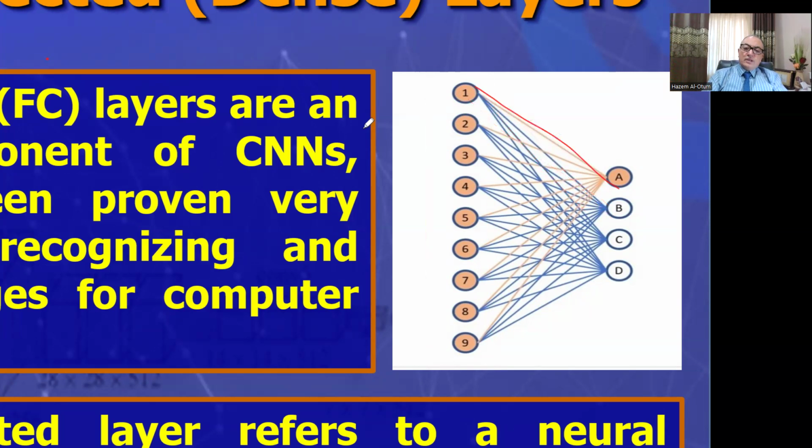As here, the output is connected to all inputs. So we call it a fully connected layer because every output is connected to all input layer values or input map, feature map elements, and this is why we call it a fully connected layer.